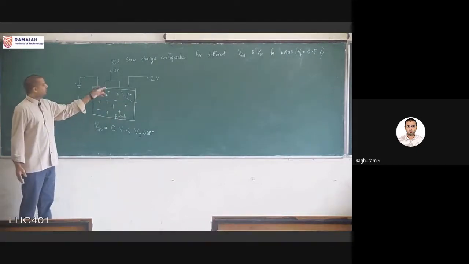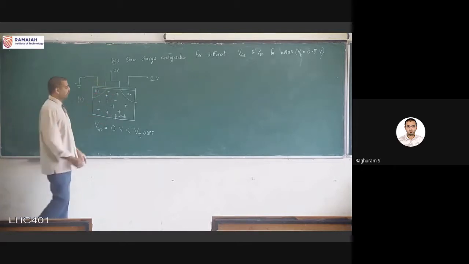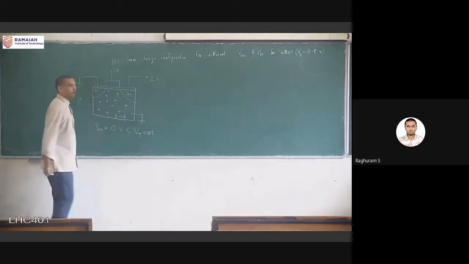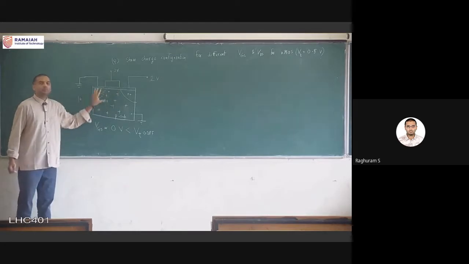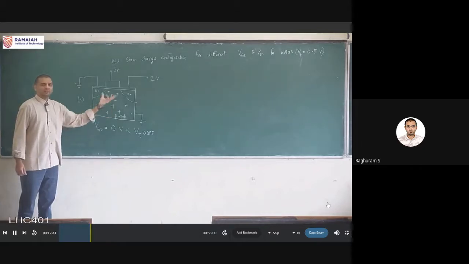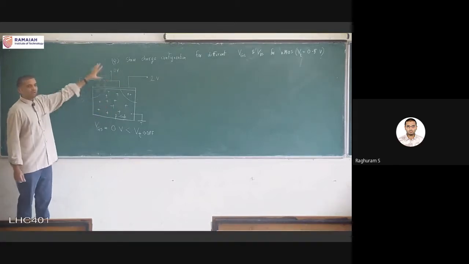This terminal is at 0 volt, and if you remember, in a p-type substrate the bulk is also connected to ground. So the difference between the voltage through the regions of the substrate is 0. Everything is at 0 volts. So there is no need for the holes to rearrange themselves. They are just equally distributed through the substrate region.